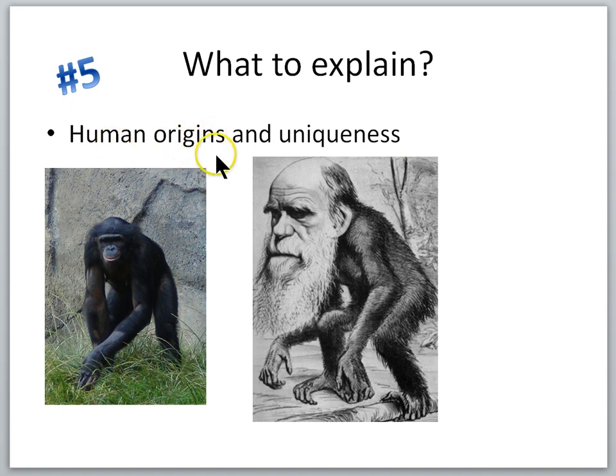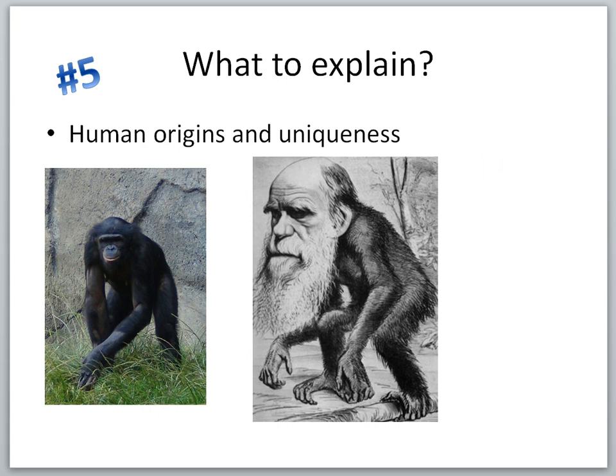Now Darwin's going to argue that the human species is just another animal species. But it did raise questions then. How did we get our unique characteristics, our intelligence, our moral capacity? So this will be our 5th puzzle, human origins and the nature and the evolution of our unique qualities.